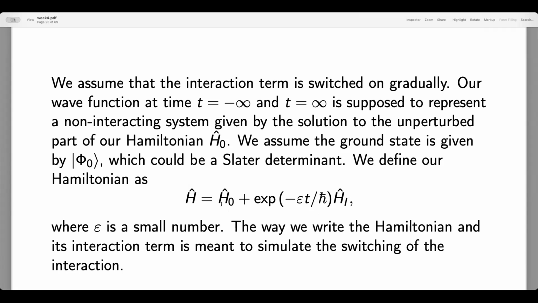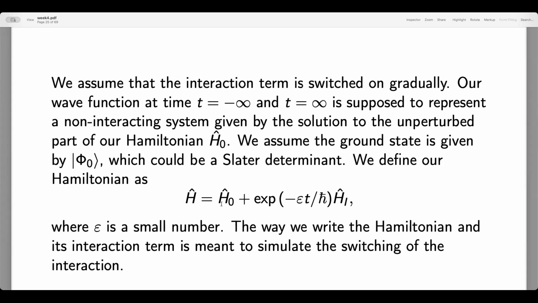Now, this is something we will come back to when we are looking at realizations of entanglement, because this type of adiabatic switching is something which we can use to bring a system from, let's say, a 0-0 state to a mixture of 0-1 and 1-0. That means an entangled state.